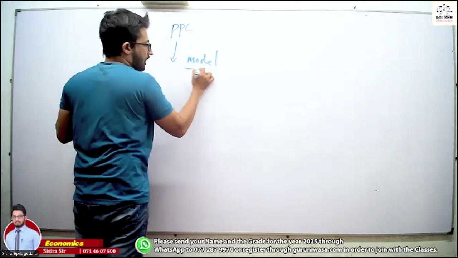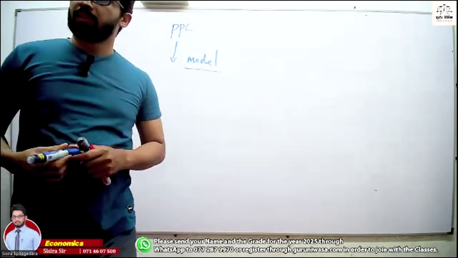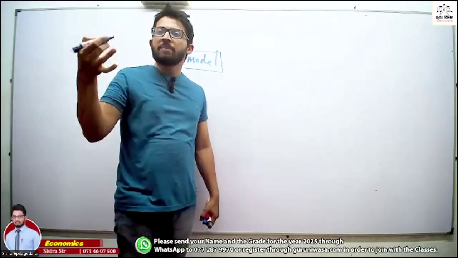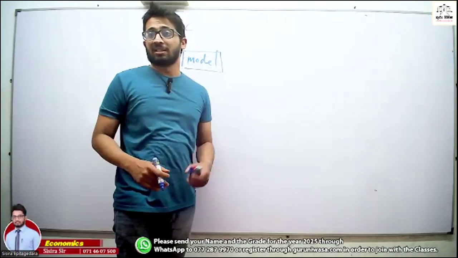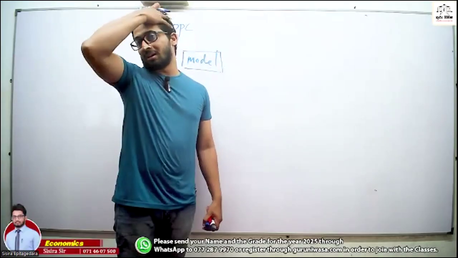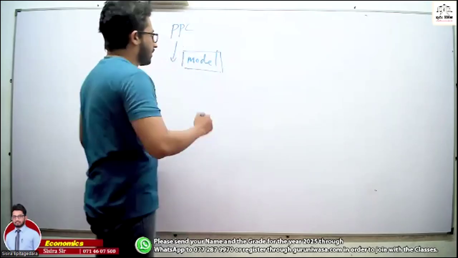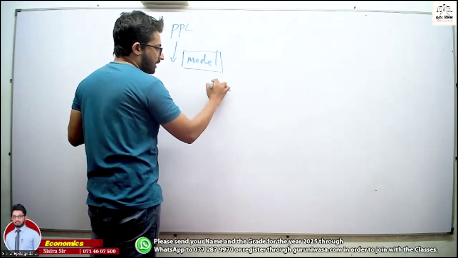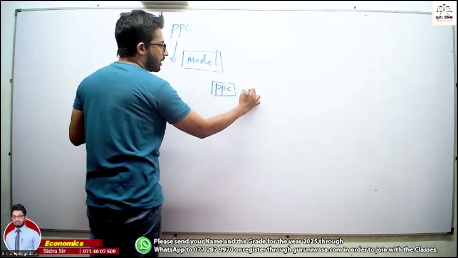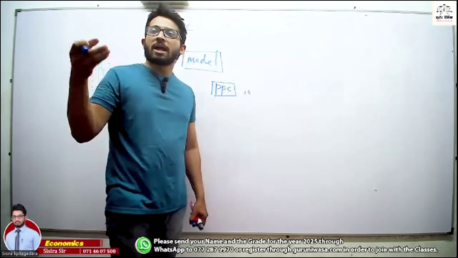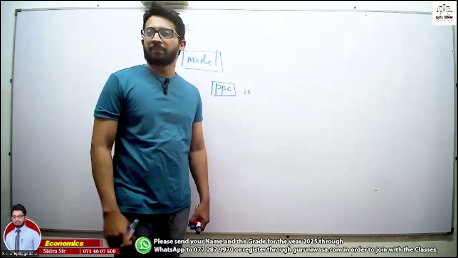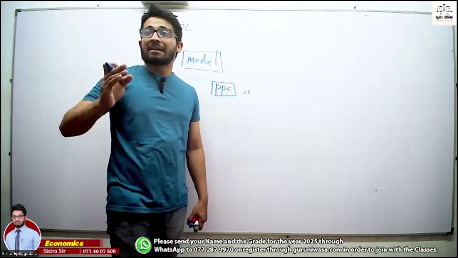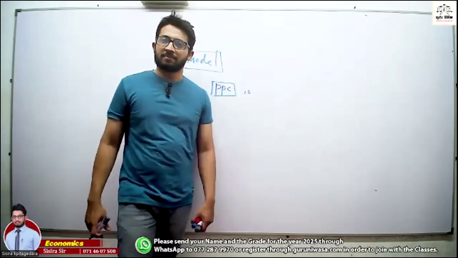We use economic models as a simplification of complex reality, to simplify some complex reality. So what I need to say is, the production possibility curve is also used to explain some micro and macroeconomic concepts in an easy way. That's why it has a practical application.